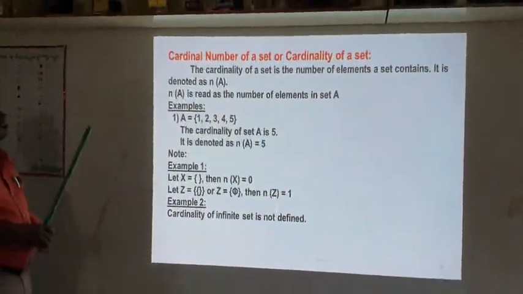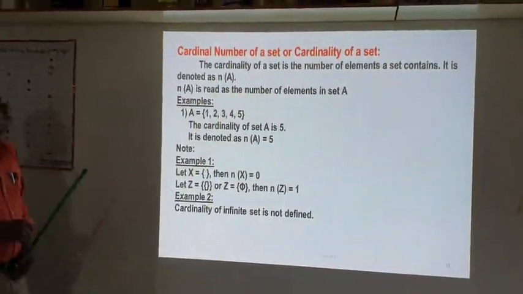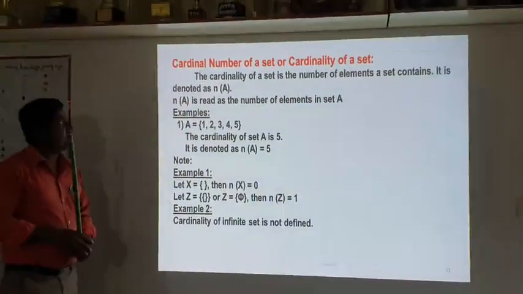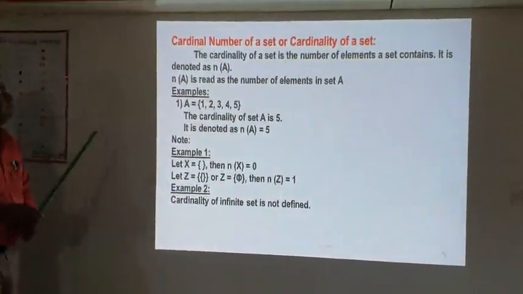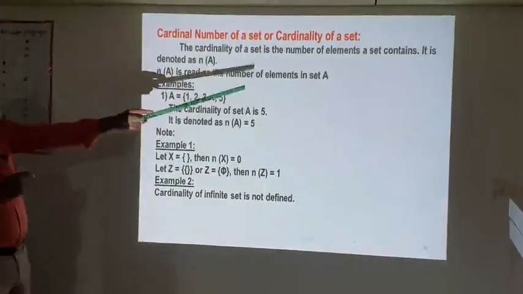Now we discuss cardinality, the cardinal number of a set or cardinality of a set. The cardinal number of a set means the counting number of elements. That is, the cardinality of a set is the number of elements a set contains.